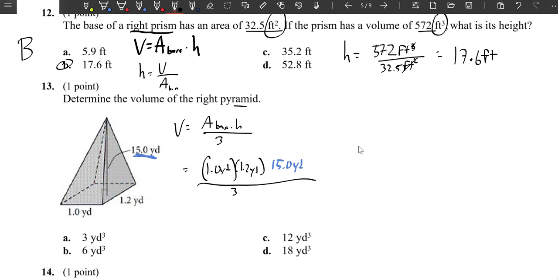So we take 1 times 1.2 times 15, divide by 3, and we get exactly 6. Although here it'll be 6.0. And yards times yards times yards is cubic yards. We get 6 cubic yards.